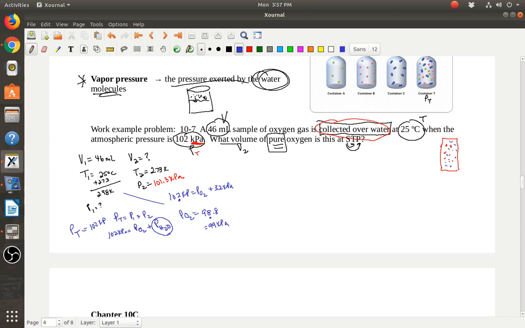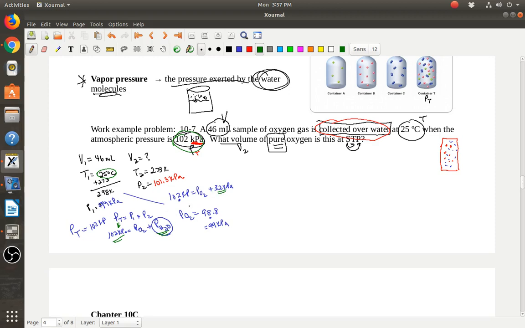That's what the real pressure is. 99 kilopascals. Again, how did I get that? I took the pressure they gave me, which was really the total pressure, and I subtracted out the pressure of the water at the temperature that it started out at, 25 degrees. Where did I get that number? From the chart. So that's the only complicated portion of this.